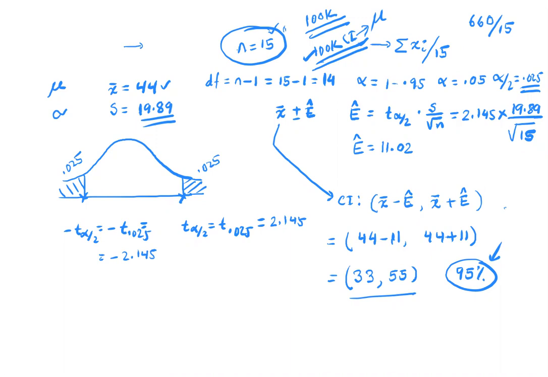I have a question. The answer is not letting me in. What do you mean the answers are not letting you in? The 33 55. It says I got it wrong. Oh, because you rounded. I rounded it. I told you, right? Don't do it for the exam or the homework. 11.02.